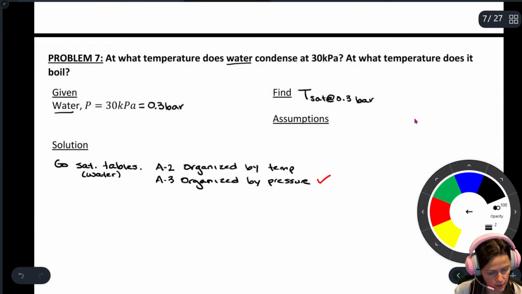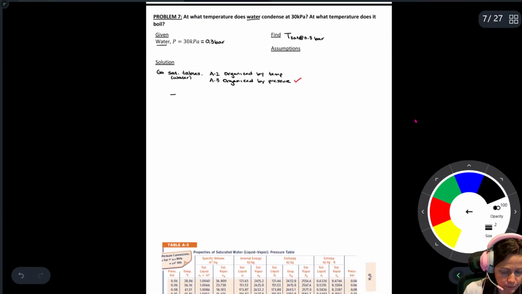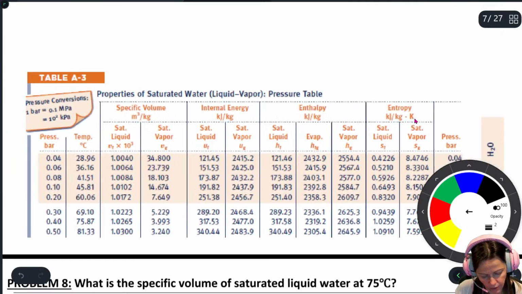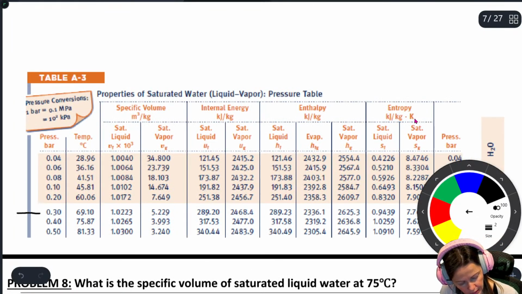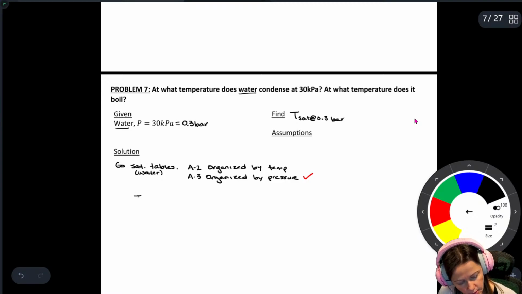If you want to write on your notes, I did clip out the section on your notes for table A3, so you can at least keep yourself organized. That's what you're looking for. So 69.1 degrees Celsius. So Tsat at 0.3 bar is equal to 69.1 degrees Celsius.